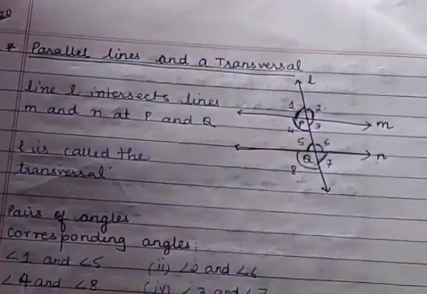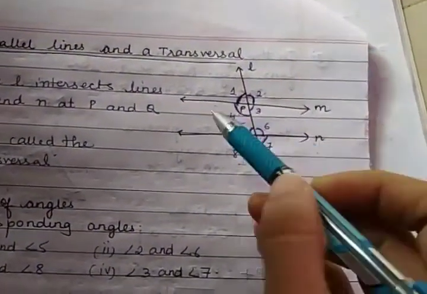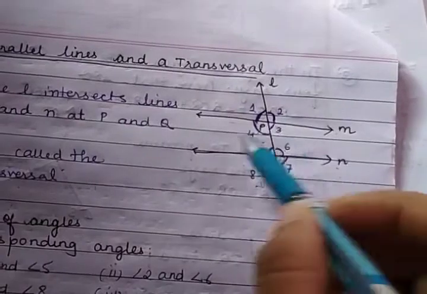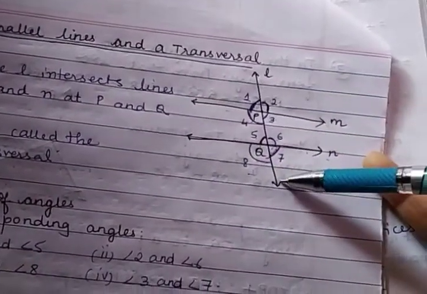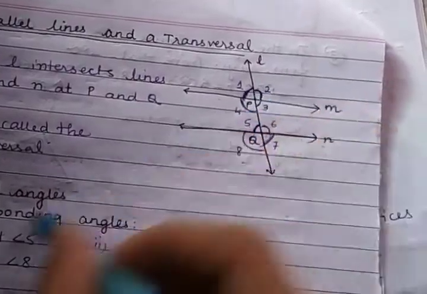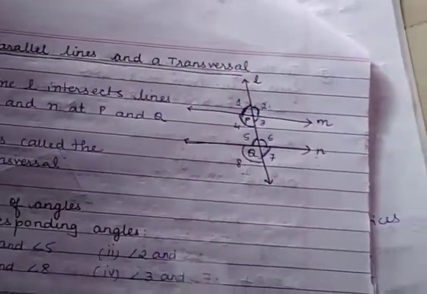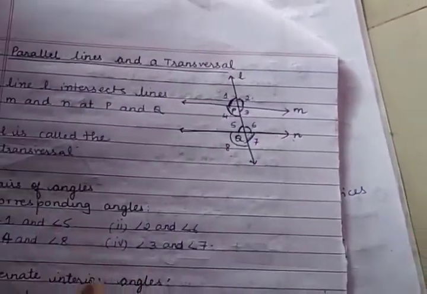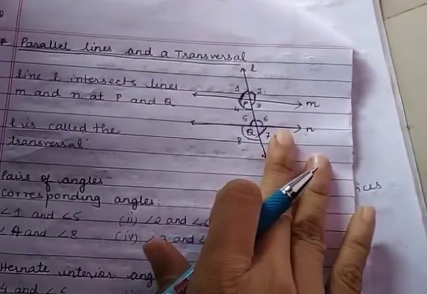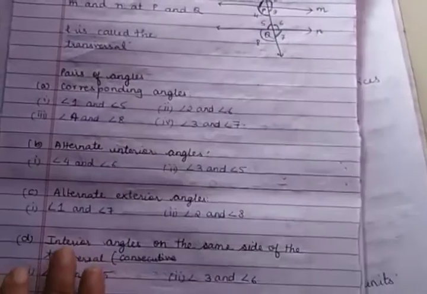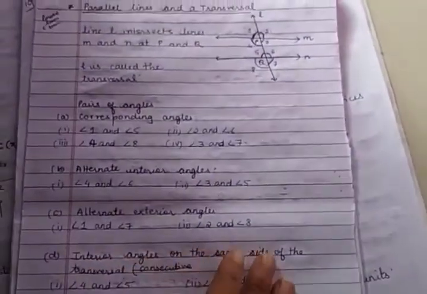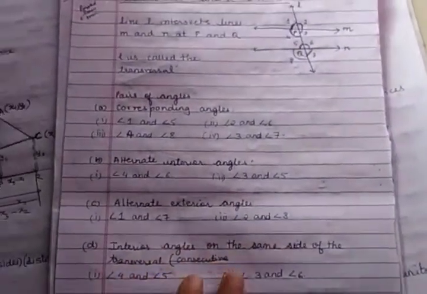Now you have already studied that if you have two parallel lines and there is a transversal, then corresponding angles are equal, alternate interior angles will be equal, alternate exterior angles will be equal, and also interior angles on the same side of the transversal will be supplementary.